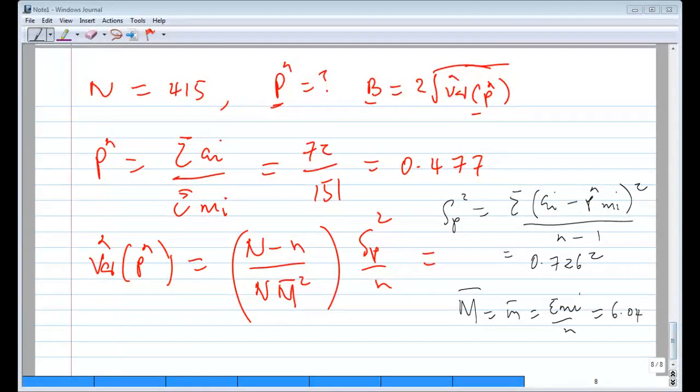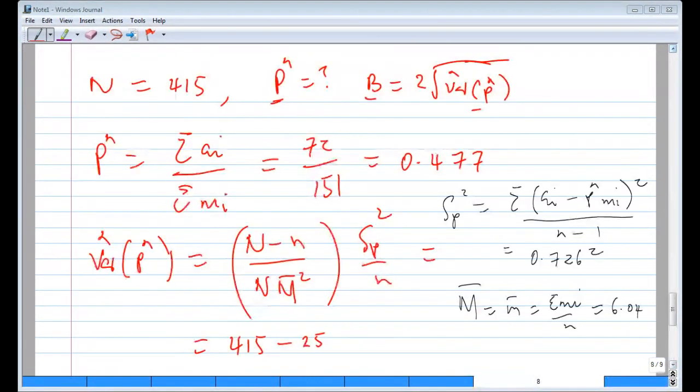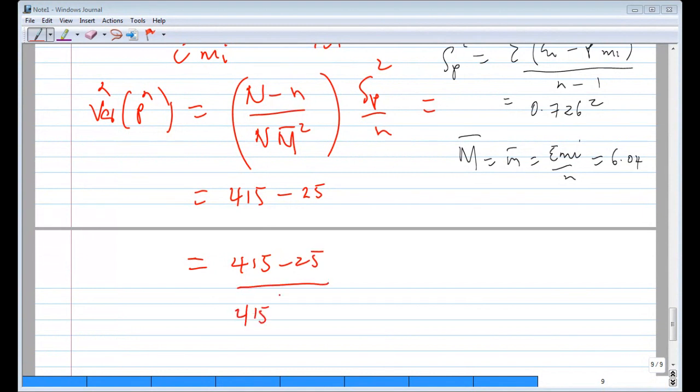So we can just plug everything in. This is equal to 415 minus the sample size, which is 25, yes, 25, divided by 415, multiplied by M bar squared.